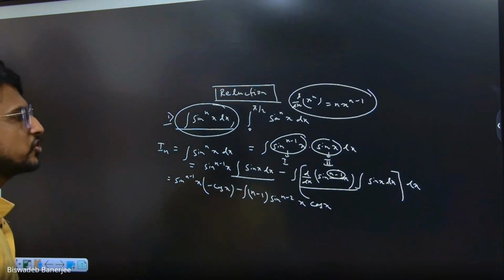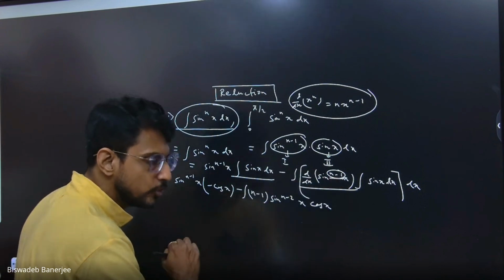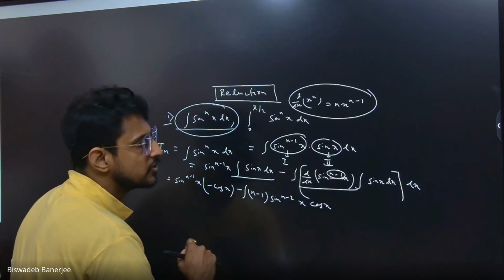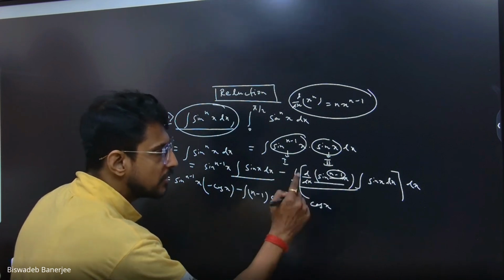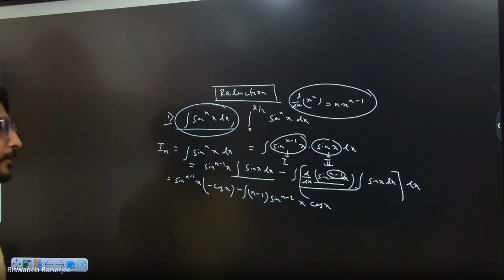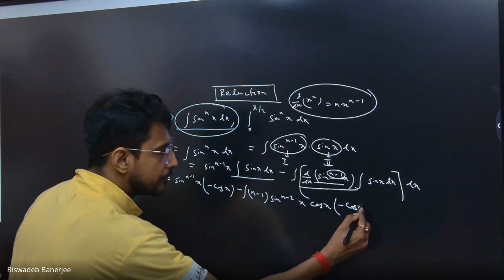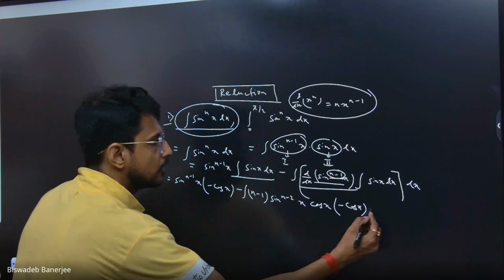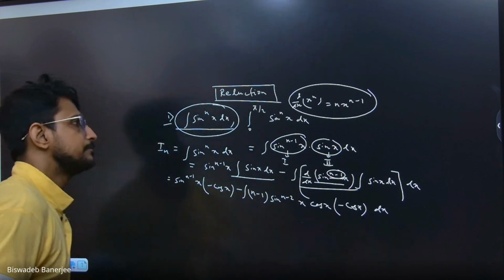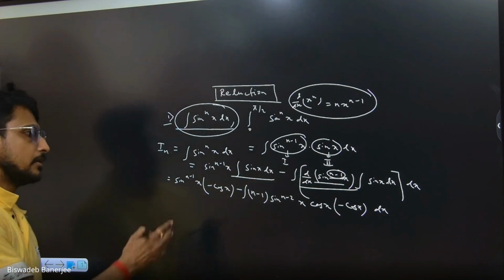By chain rule, you have to differentiate sine x again, and the derivative of sine x is cos x. And integration of sine x is minus cos x. So this becomes my by parts.